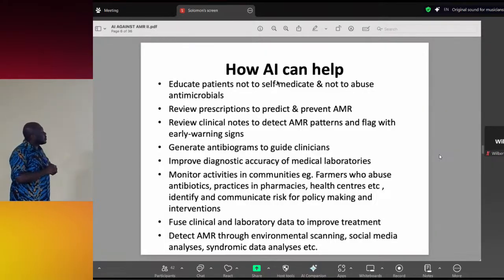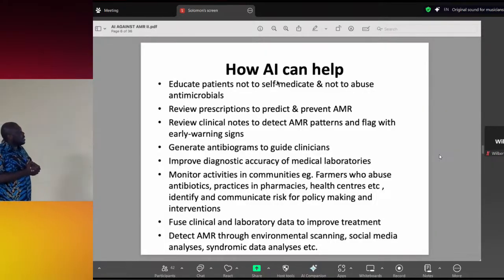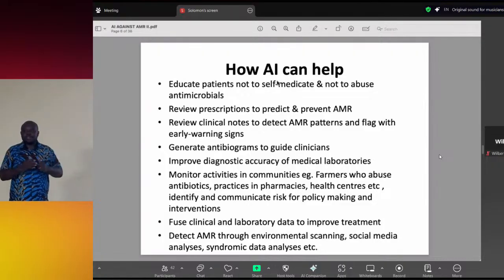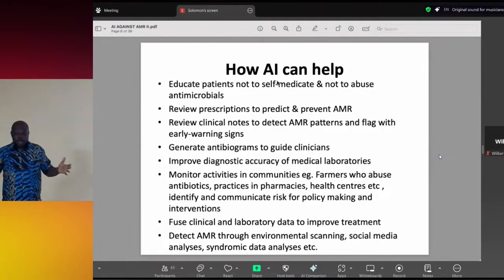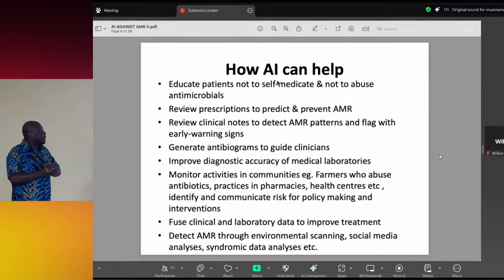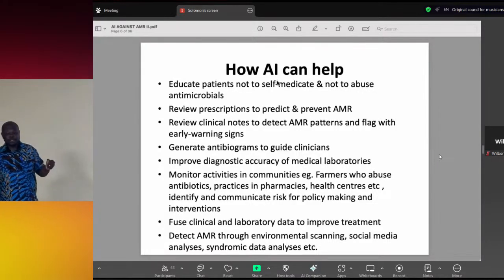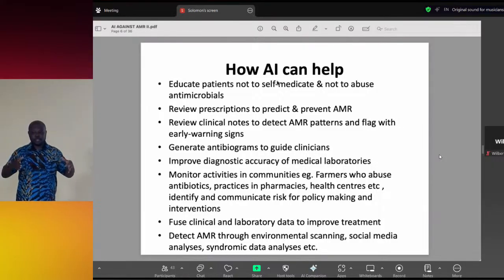It can review notes the same way, detect AMR patterns, and flag with early warning signs. So doctors, nurses managing patients on the wards, they work with patients' notes day in, day out. These are bulky. They are human beings. They can't really take time to think through things well.